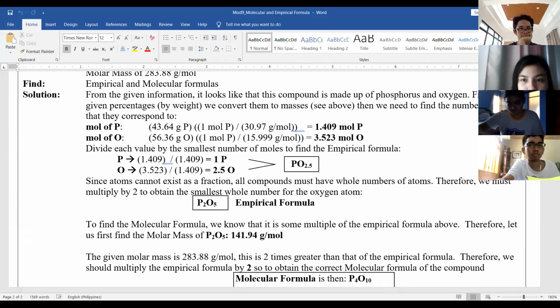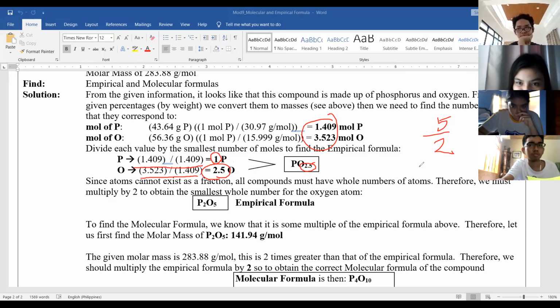This time around, when we divide every mole by 1.409, 1.409 divided by 1.409 is 1. 3.523 divided by 1.409 is 2.5. At this point, we have a decimal subscript for oxygen, which is 2.5. If we express 2.5 as a fraction, that is 5 halves.